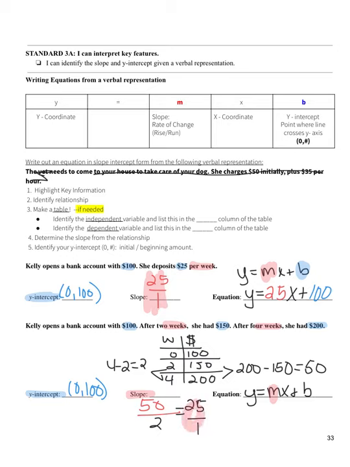So this is going to be Y is equal to 25x plus b, and b is my Y-intercept. My Y-intercept is 0, 100, so this will be plus 100. All right? So you can see that the equation for this scenario is y equals 25x plus 100.